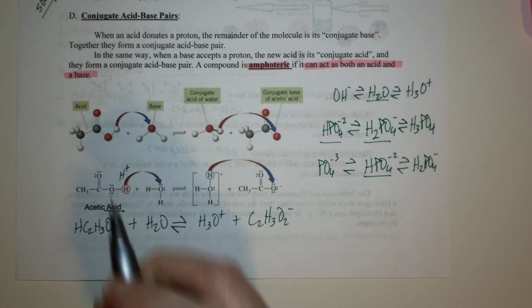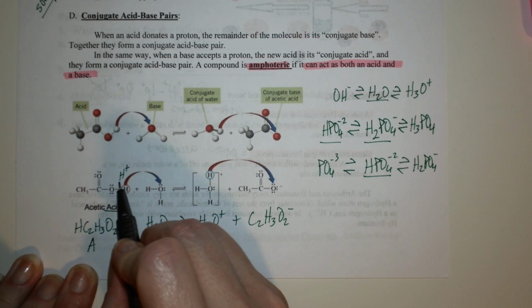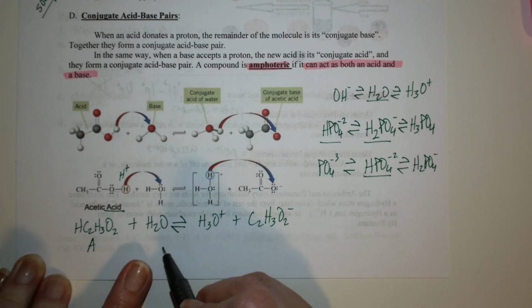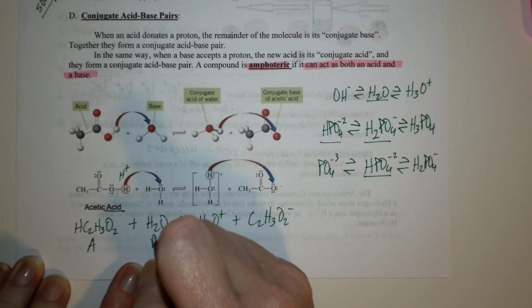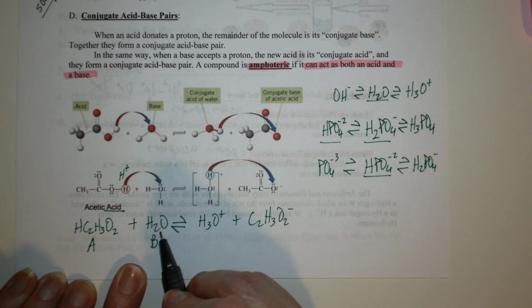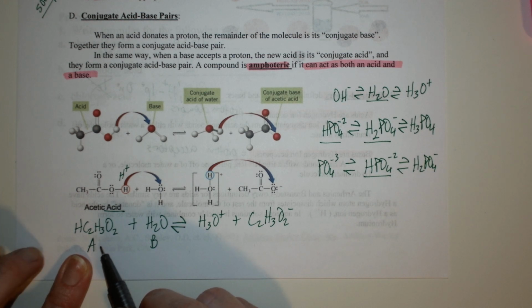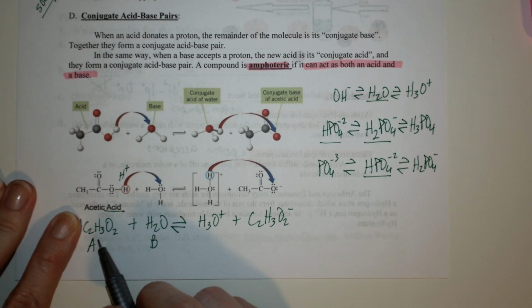Now, this was the acid. Acetic acid was the acid because it gave away the hydrogen. And water here is acting as a base. It's taking on, or accepting, the hydrogen. The leftovers of the acetic acid is the acetate ion. It's the leftovers after a hydrogen is gone.